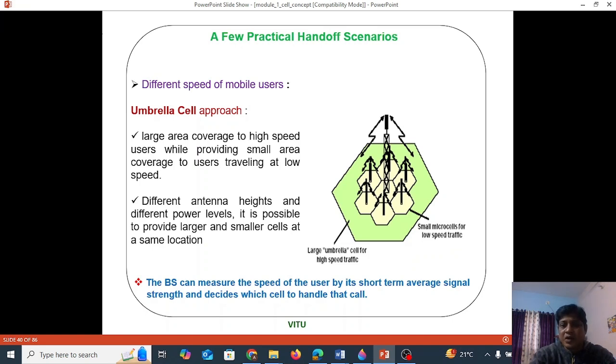So that may be a burden for the system. So to avoid all this, low speed users are taken care of by the small cells and high speed users are taken care of by the antenna with the big height and high transmit power, which is located at the center of the cell, and this is called the umbrella cell approach. So the umbrella cell approach is basically taking care of the users with different speeds.